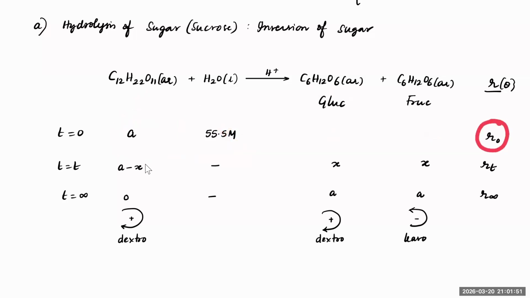That sucrose is showing an optical rotation of, let's say, R naught. And after some time t, some X amount of sucrose is lost to give X moles of glucose and X moles of fructose, and the rotation at this point on the polarimeter is RT.